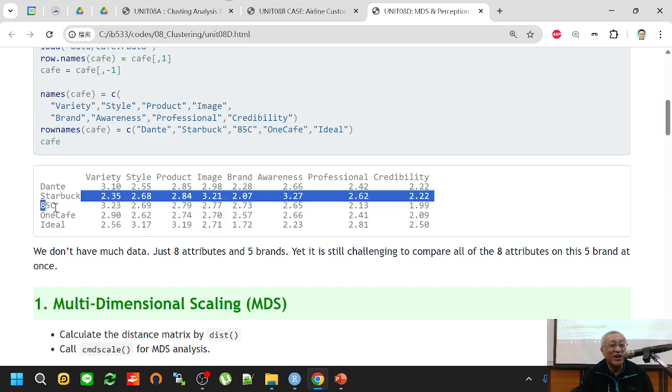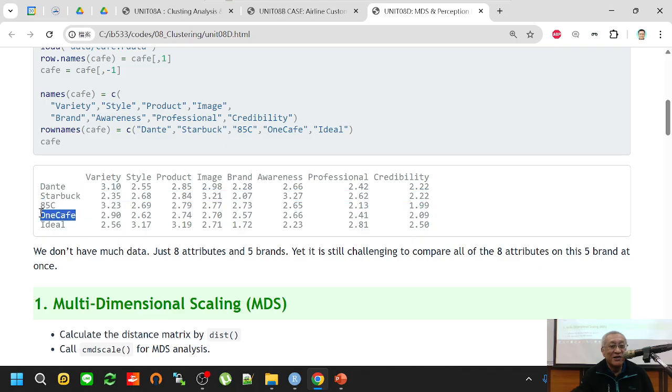Starbucks, right? One cafe, and this Ideal. I think it's its own brand, but they don't want to use their name, so just say Ideal.